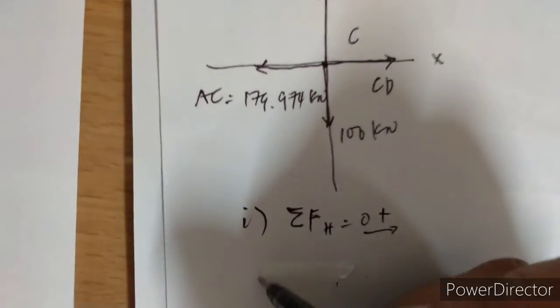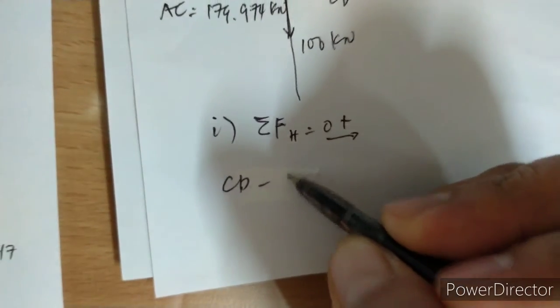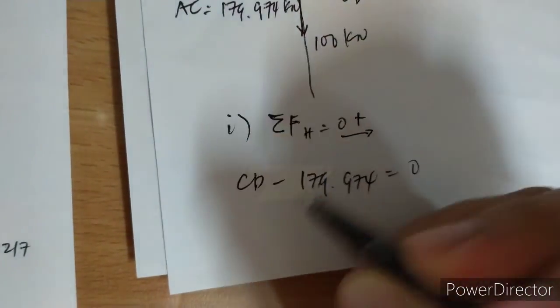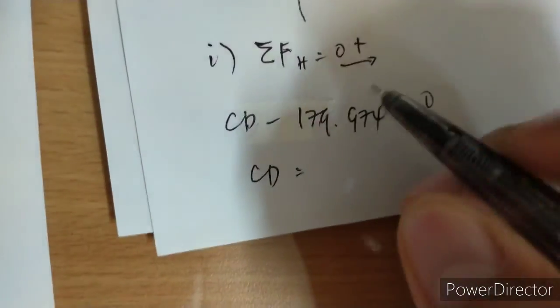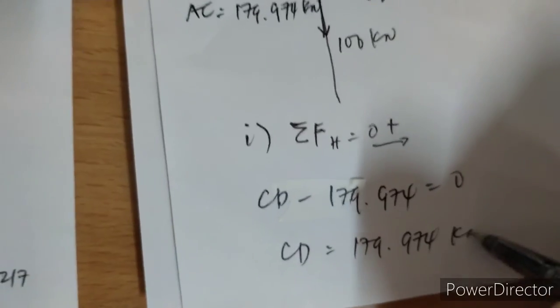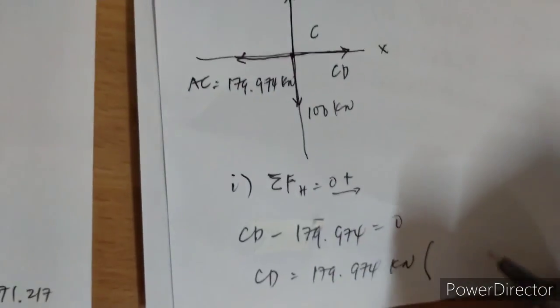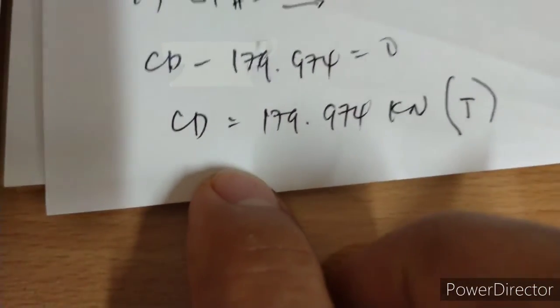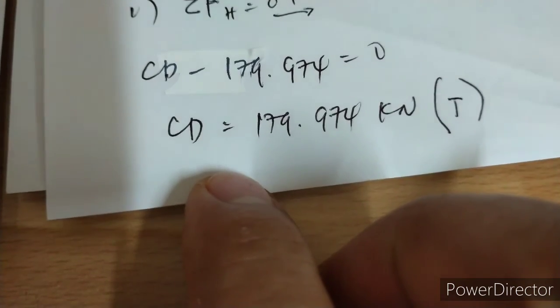So CD, which is positive, minus 179.974 is equal to 0. So CD is equal to 179.974 kilonewtons, and this is in tension because we came up with a positive answer.